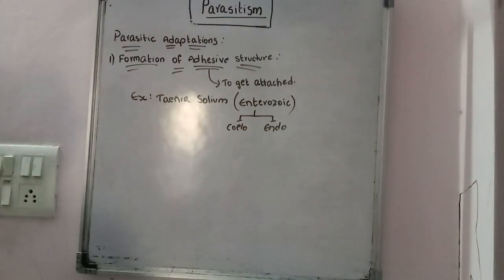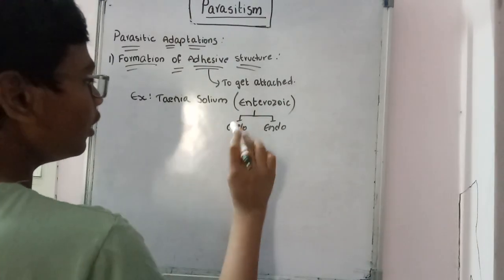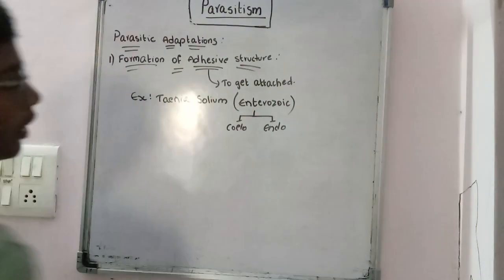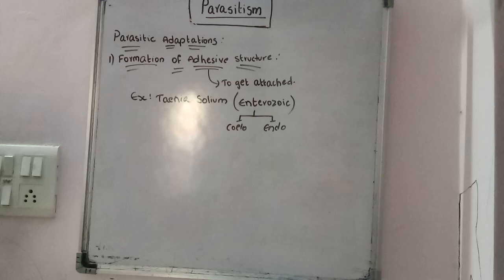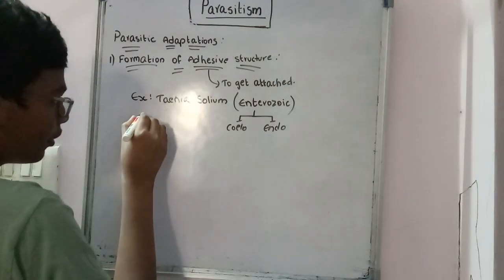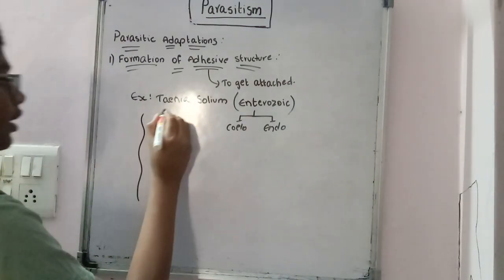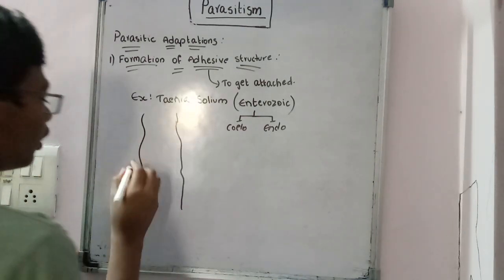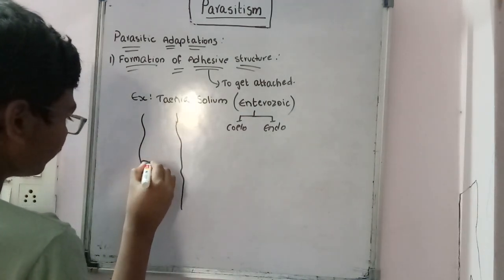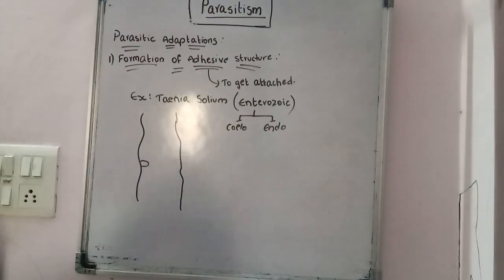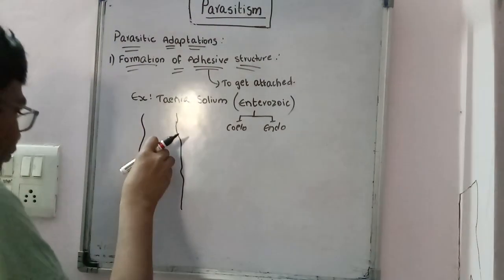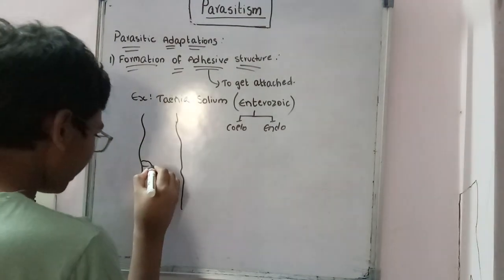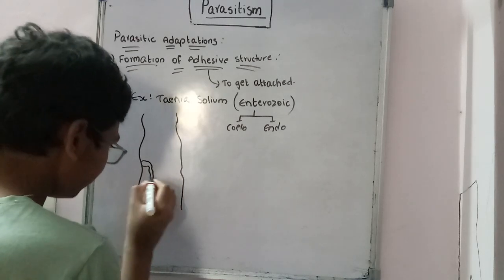So we can say that Taenia solium is an endo, coelo and enterozoic parasite. We'll see a diagram. This is a rough sketch. You think this is the wall of the intestine, and here will be Taenia solium, attached to the wall of the intestine like this.